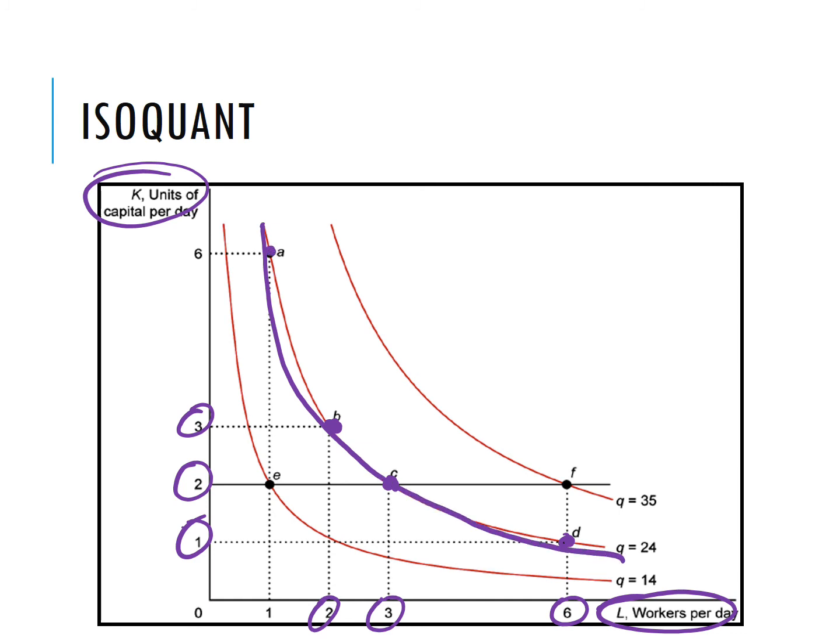There's also point A up here. So it looks like an indifference curve. That isoquant yields an output level of 24. And as we move up and to the right, we get to higher output levels.